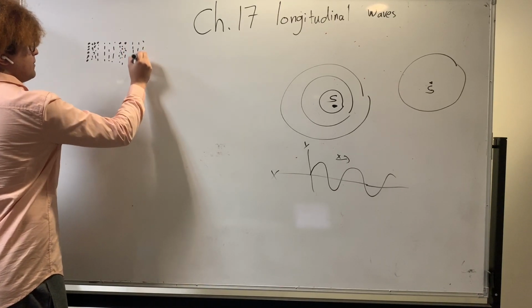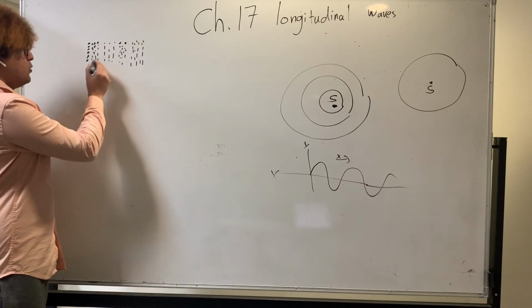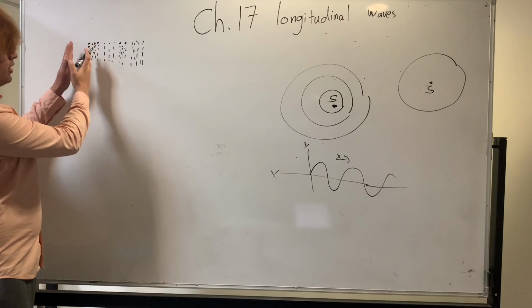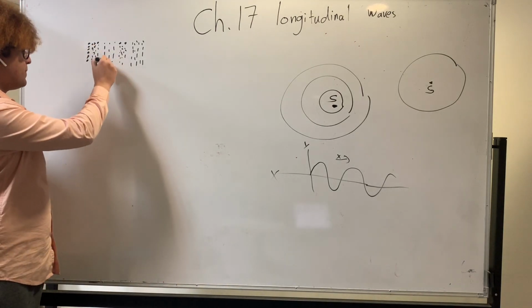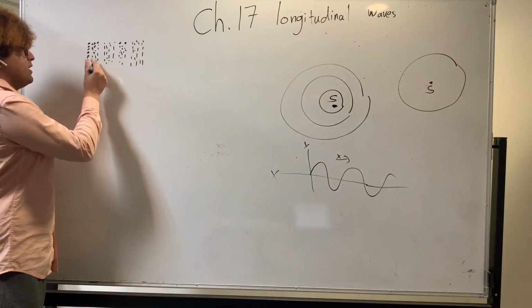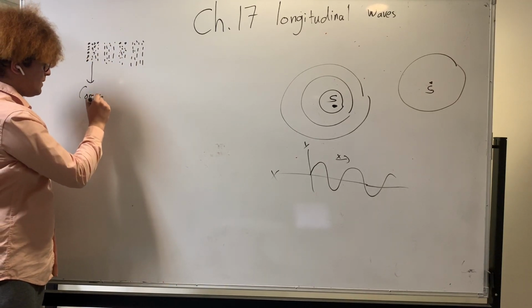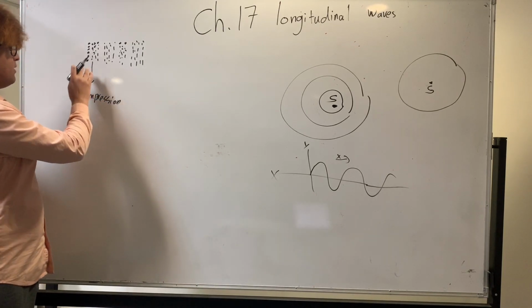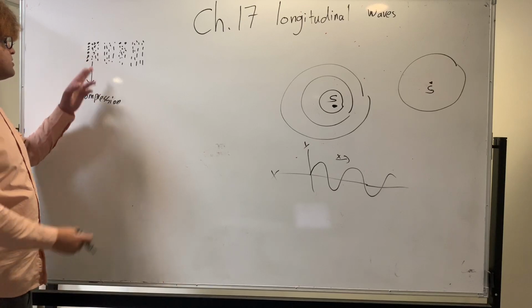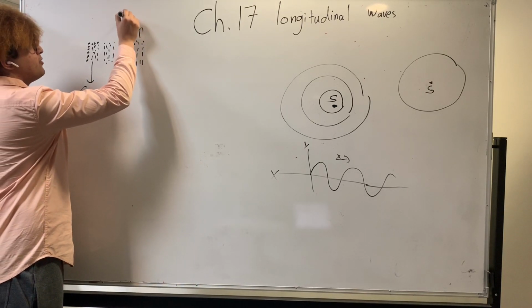So this is a sound wave, and we see here in this area we have more air molecules, and we have fewer air molecules in here. We call the dense area compression. So the area with too many air molecules is compression, and the one with few molecules is called rarefaction.